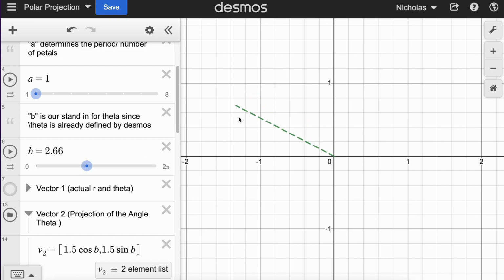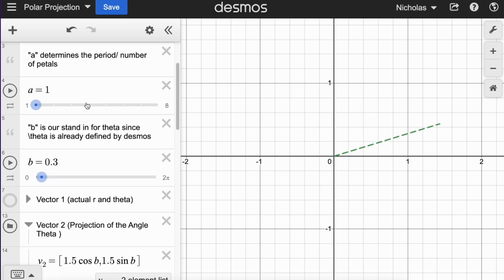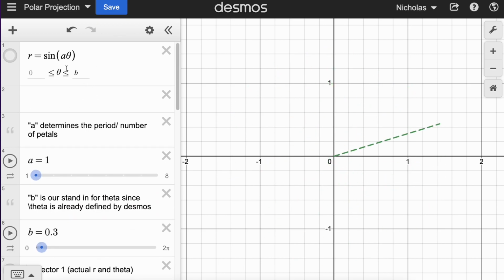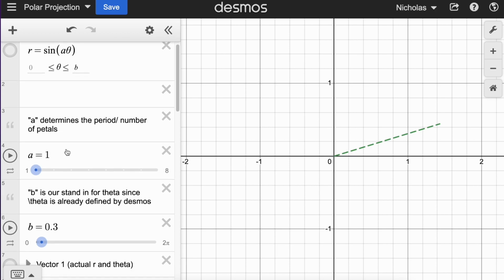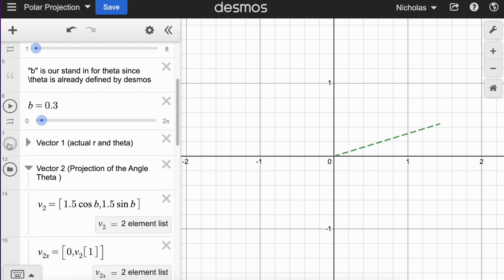So as I swing out my angle theta, represented by this green dotted line, my r is going to be graphed by whatever the sine of that angle theta actually is. So let's turn on the r here.